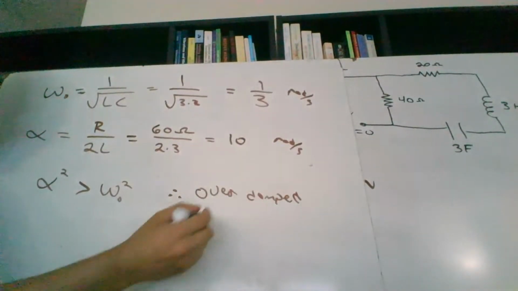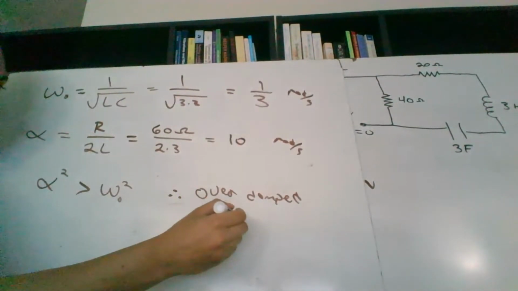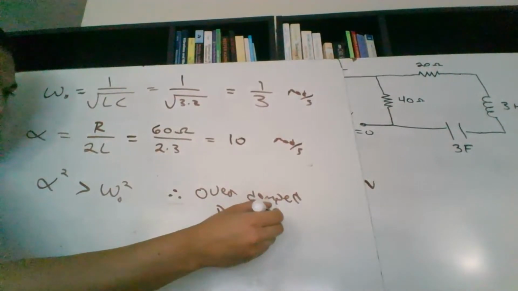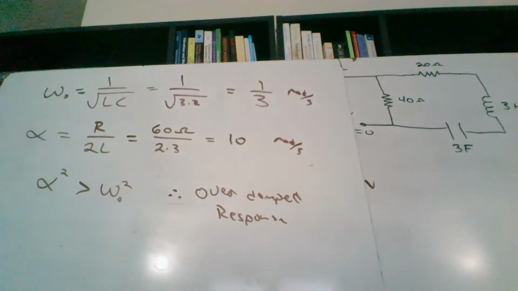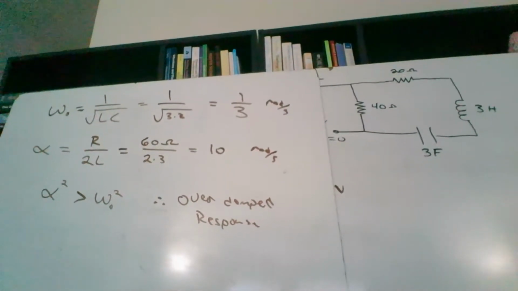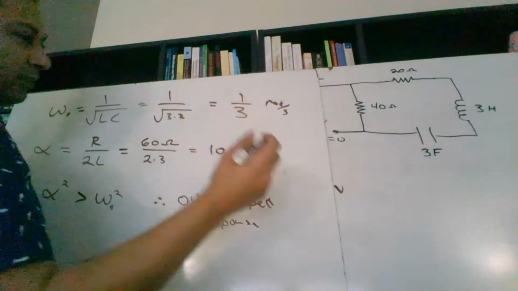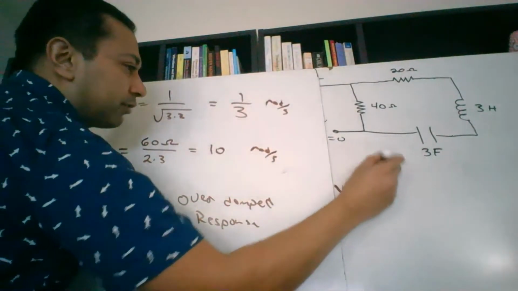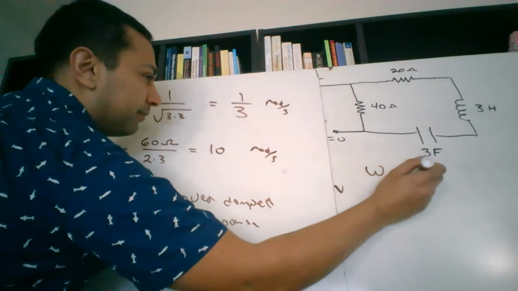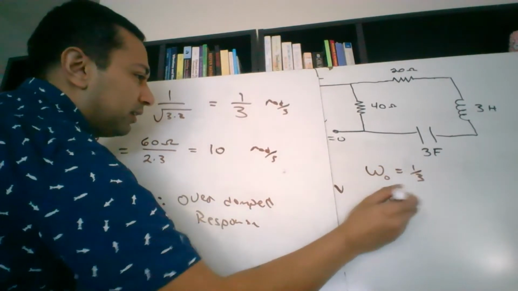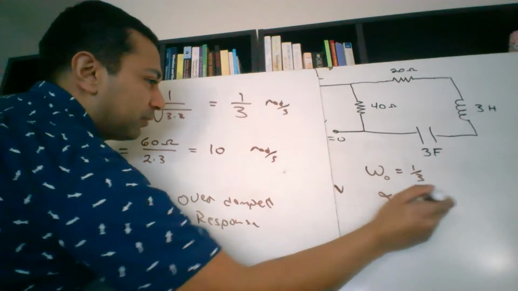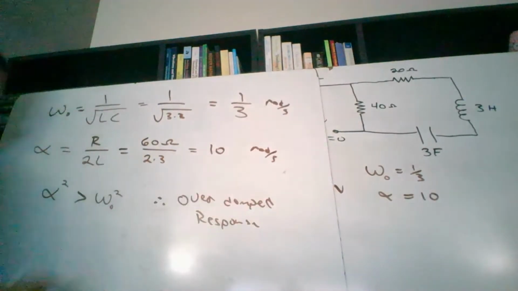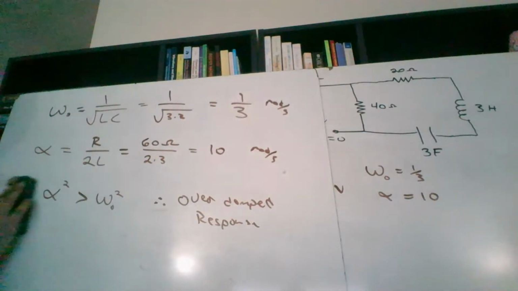Now we're doing overdamped response. Okay, and I'm just going to put my terms over here just so I can bookkeep, as we say. So the natural frequency was 1/3, and the Neper frequency was 10.